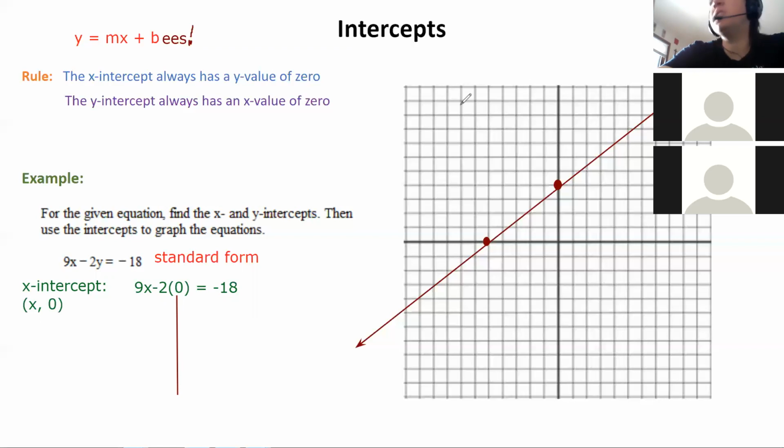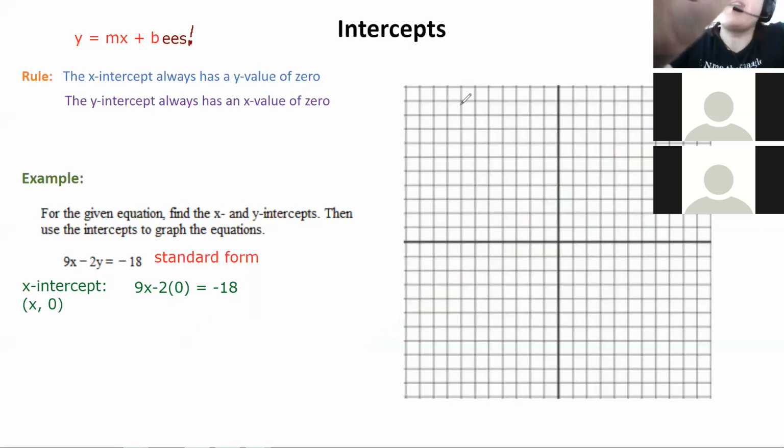What is 2 times 0? It's just 0. Yeah, so it would go away. Very good. So we would be left with 9x, and that 2 times 0 cancels itself out because it's just 0, equals negative 18.